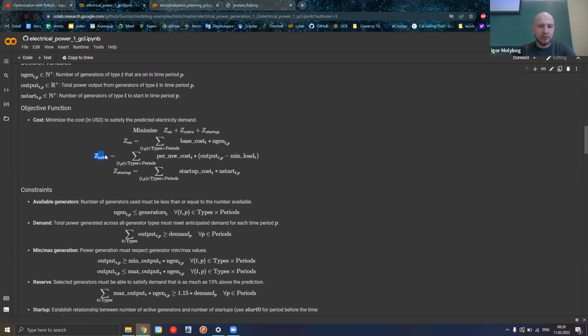Then we have the cost of operating generators at a higher output level than the minimal one. So we have the current output of a type of generators minus the minimal load, and then we have the startup cost, which we need to count for all of the generators that are being started in time period P.